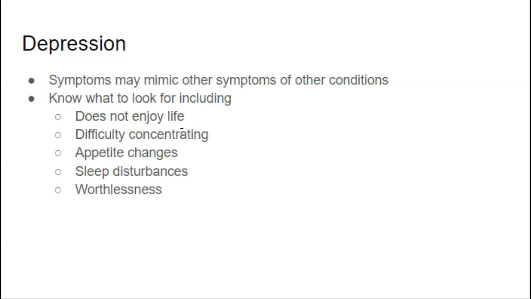And so if there seems like there's issues with this, trying to get a family member into a clinical visit to discuss it is a really important thing, because you're going to get a different perspective from a family member than you will from that patient if they actually truly have depression. Talking to them about it if they start showing signs of it, realizing that the things that are listed there, sleep problems, not wanting to socialize, not enjoying their life, having difficulty concentrating and focusing, not eating, all of these things could indicate that the person's depressed.